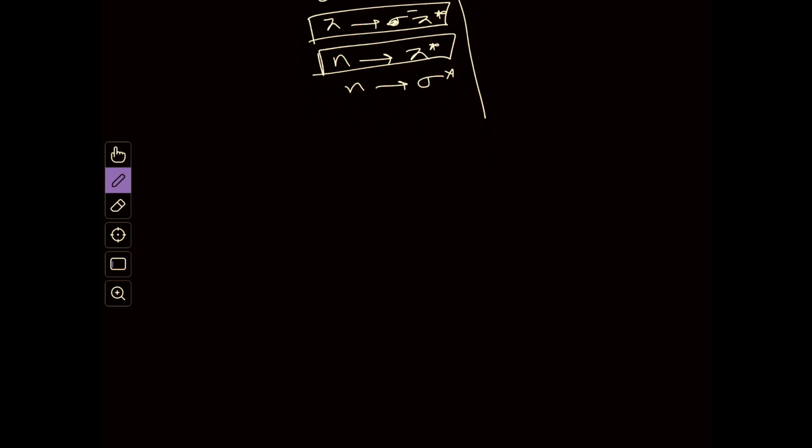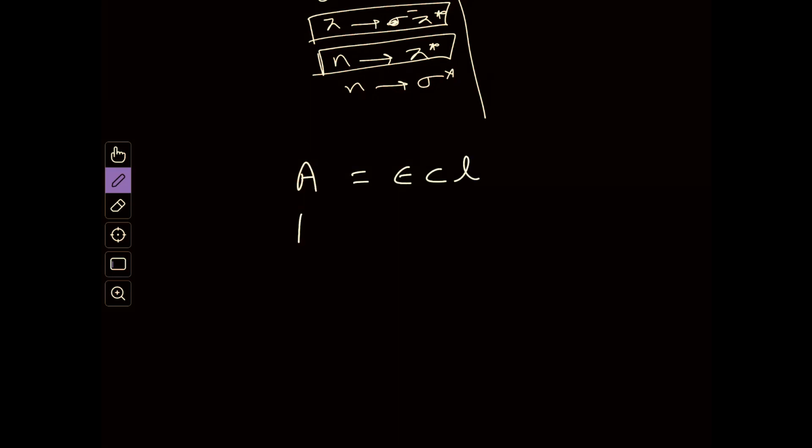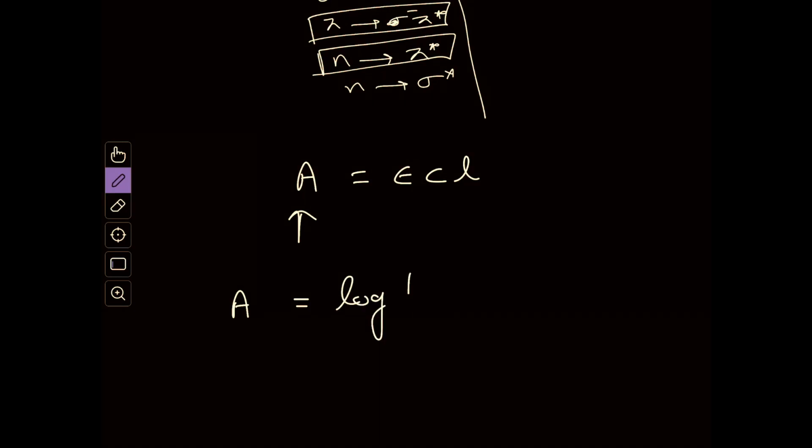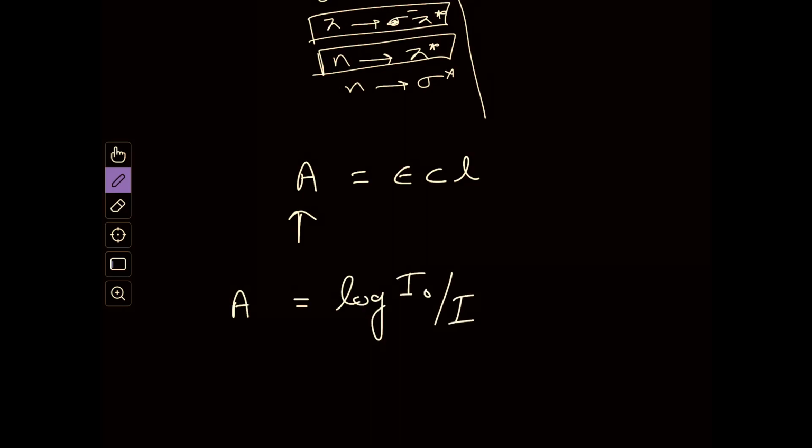Now let us talk about the laws of absorption, which is termed as Lambert-Beer law or Beer-Lambert law, which is basically A is equal to epsilon CL. What is A? A is called the absorbance, and it is defined as A is equal to log of I0 by I. What is I0 and I?